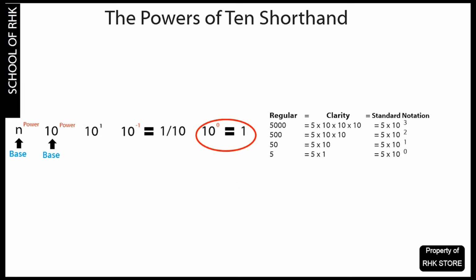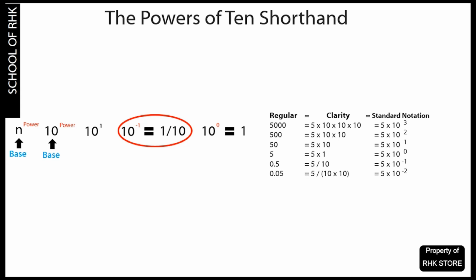For 5, the standard notation is 5 multiplied by 10 to the power of 0. For 0.5, the standard notation is 5 multiplied by 10 to the power of minus first. For 0.05, the standard notation is 5 multiplied by 10 to the power of minus second. And the last one, for 0.005, the standard notation is 5 multiplied by 10 to the power of minus third.